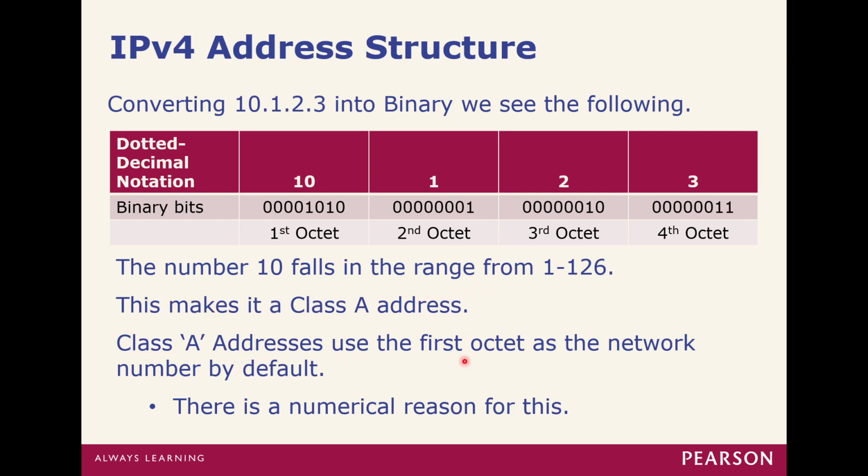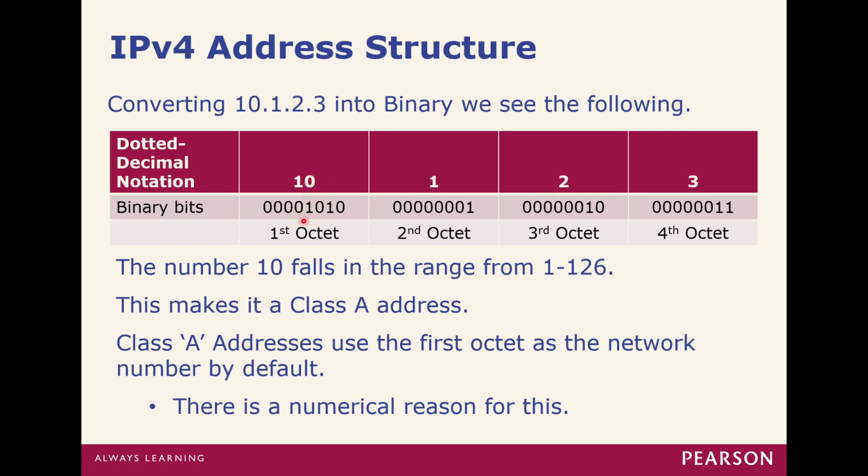Class A addresses use the first octet as the network number by default, and that's exactly what I told you. In class A, the first octet is the network number and the rest are for hosts. So here we have the number 10. How are we going to represent 10? Here you have 1, 2, 4, and 8.